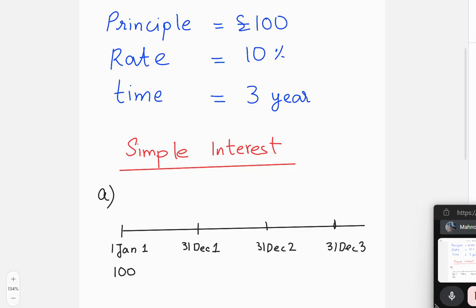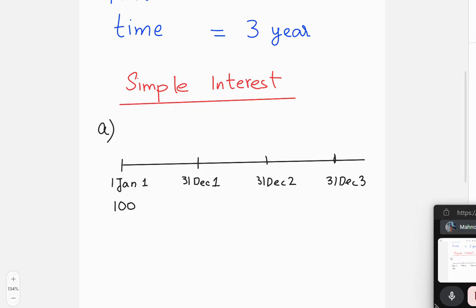The bank will put this money in some investing account, and they will pay her the interest at the end of each year. She is investing for 3 years, so she will get interest at the end of year 1, at the end of year 2, and at the end of year 3.